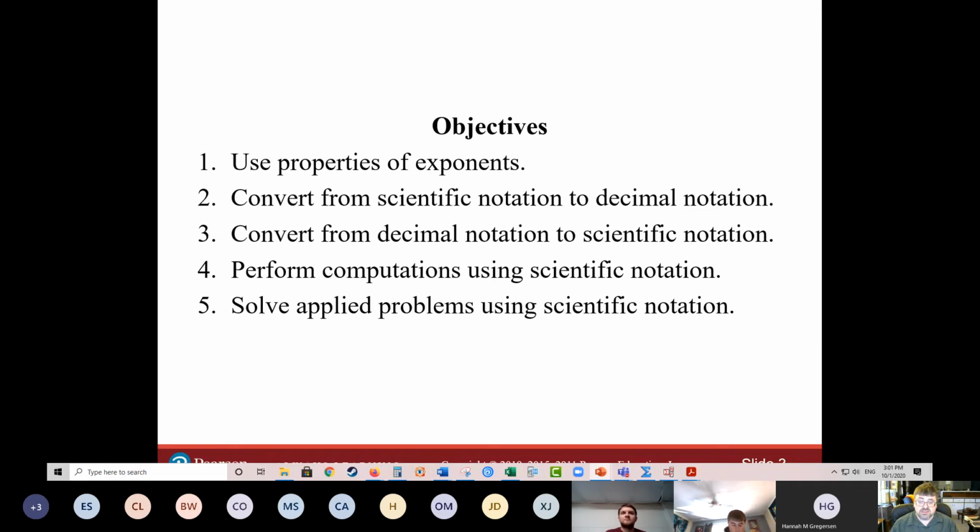Today, we're going to mostly talk about bullet point 1 here, the properties of exponents. So I do want to point out, in case I forget to on Tuesday, because I do forget this sometimes, your textbook uses the phrase decimal notation to refer to how we normally write numbers. Oftentimes, other textbooks use standard notation instead.